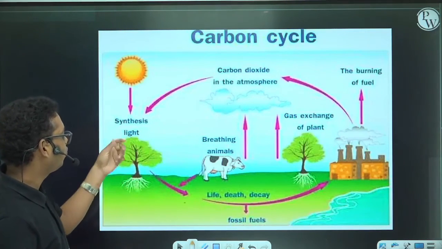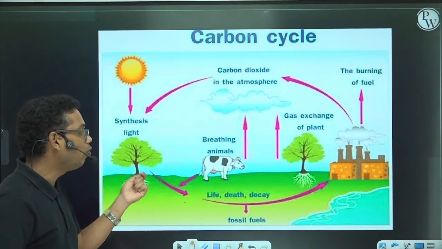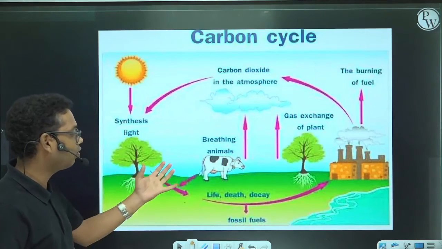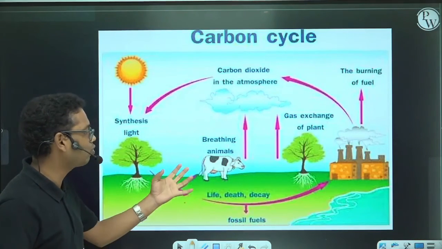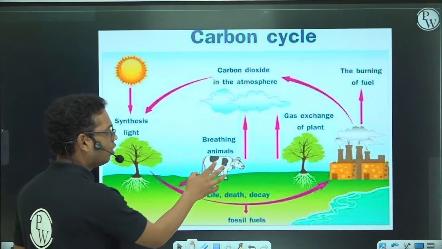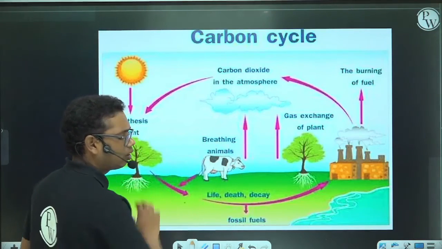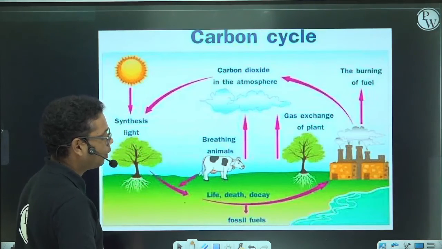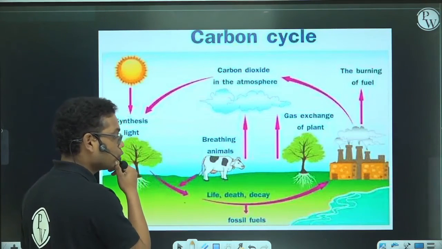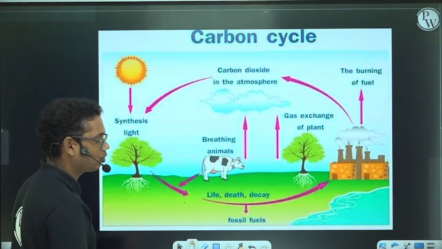They synthesize food, and that food is taken up by different types of organisms, for example, the grasses are eaten by grazing animals. These animals release CO2 during the process of respiration.